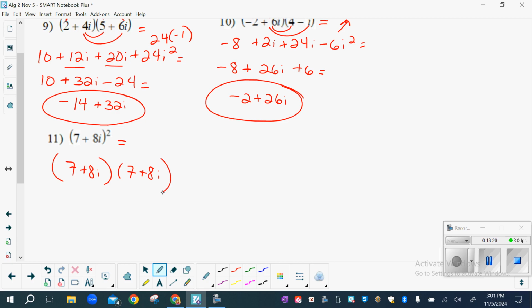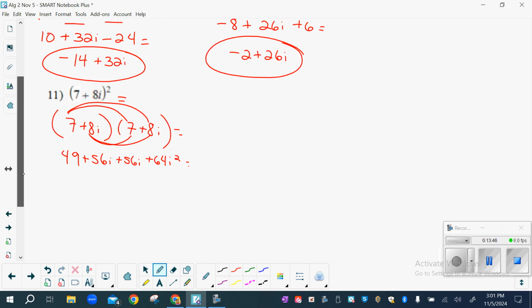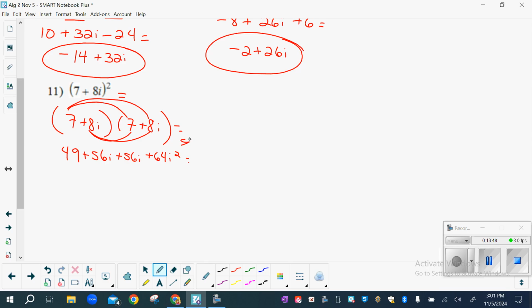So then we just do the same thing that we did on the others. 49, 56i, another 56i, 64i squared, and then this is going to be 64 times negative 1, or negative 64.